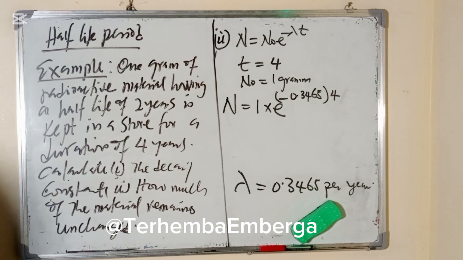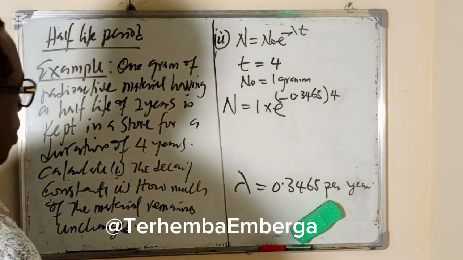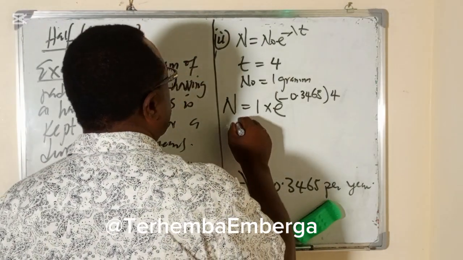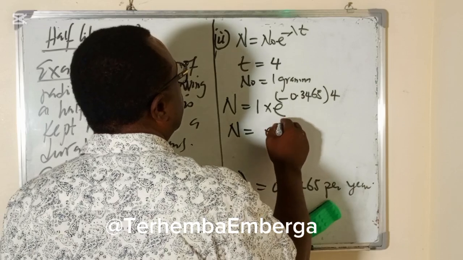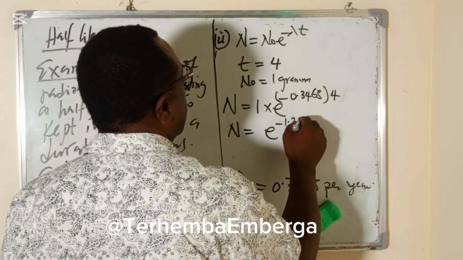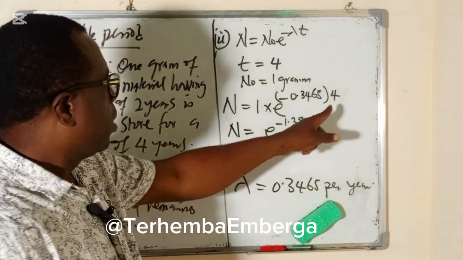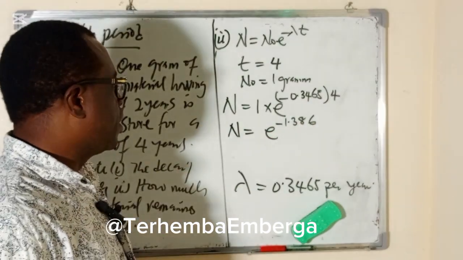And by the time we multiply that, we have 1.386. N is equal to e to the minus 1.386.